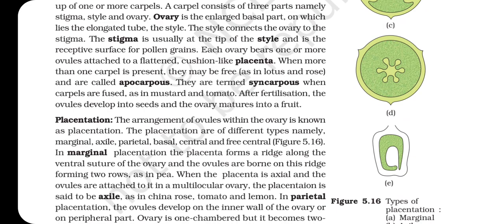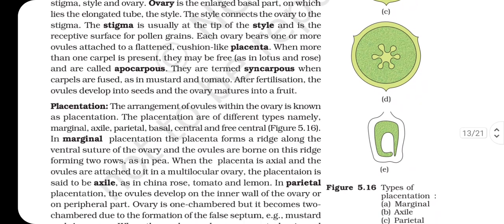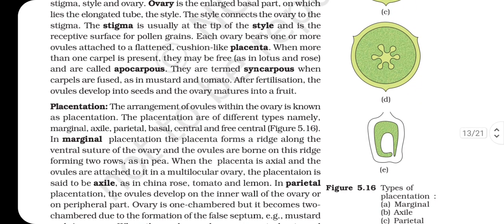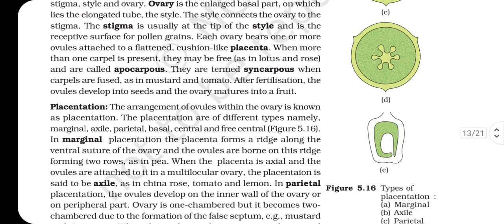Placentation: the arrangement of ovules within the ovary is known as placentation. The different types of placentation are marginal, axile, parietal, basal, and free central.